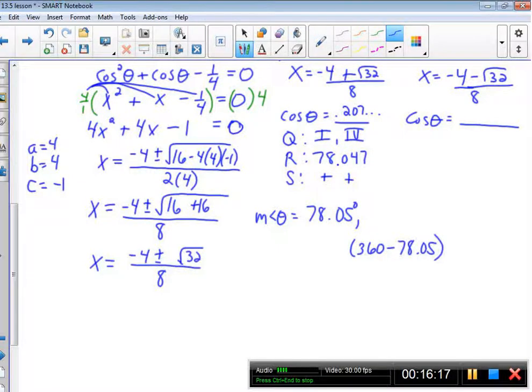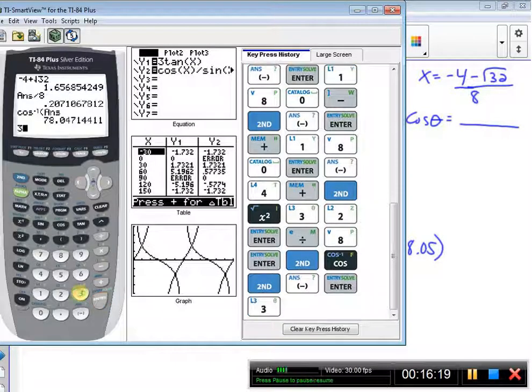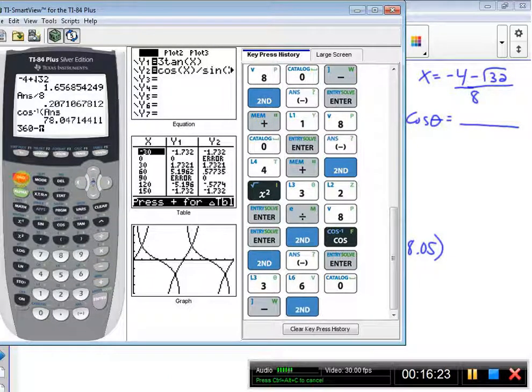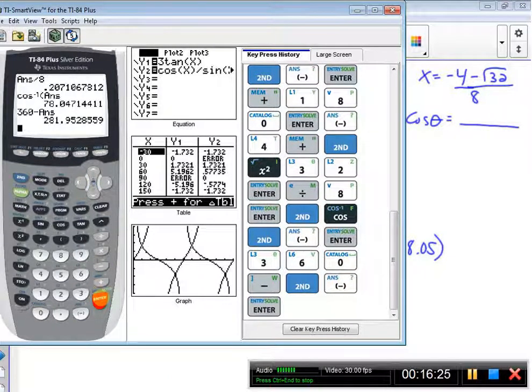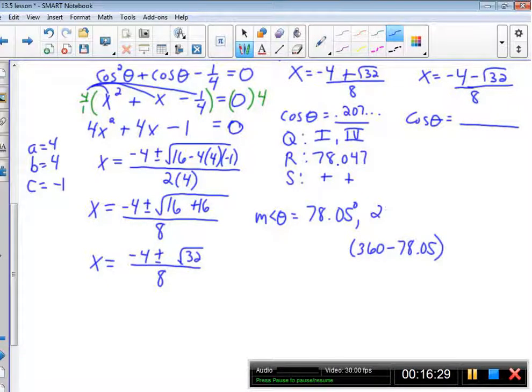Let's check out what that is. So I have to do 360 minus that, and I get 281.95. Okay, so far those are our answers.